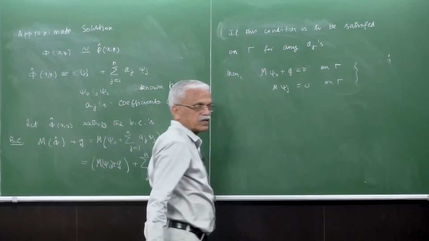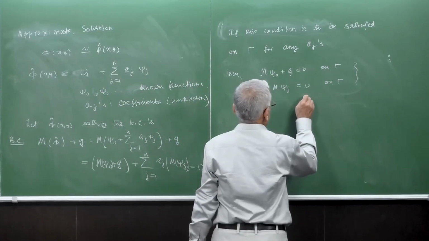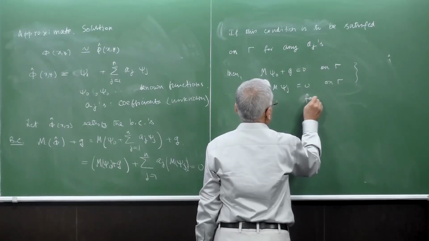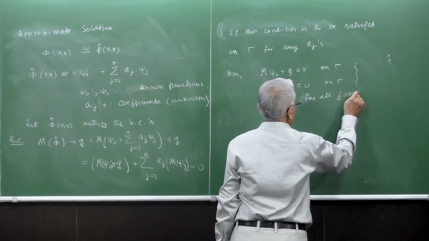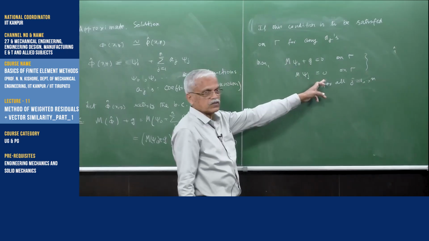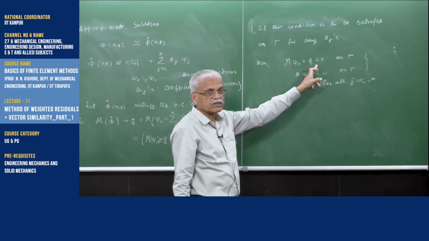So these are two things. In fact, this second condition is for all j's going from 1 to n. So M psi j being 0 is actually n conditions, and then this is one condition.